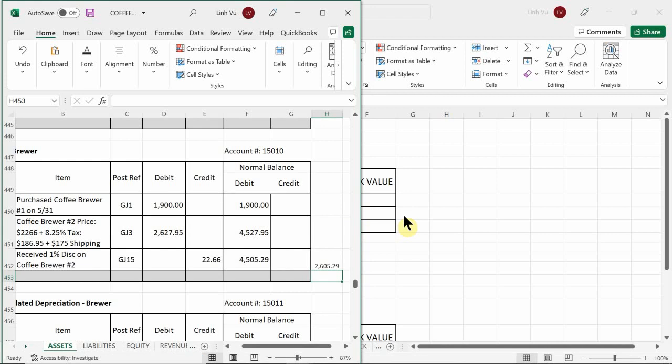That's the easiest way to do it because you only have 2 coffee brewers. Or you can simply take your total of 2,627 and subtract that discount of 22 to get the same answer. So my first coffee brewer is $1,900, and my second coffee brewer is $2,605.29.